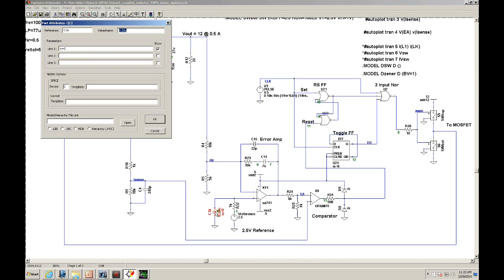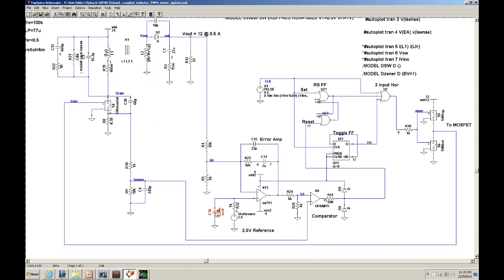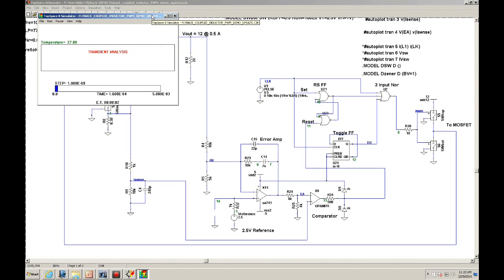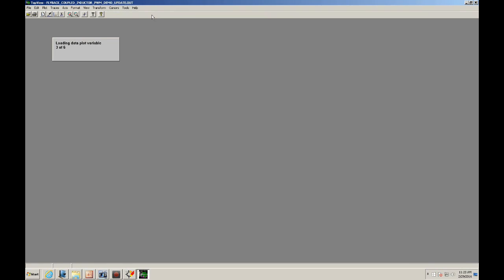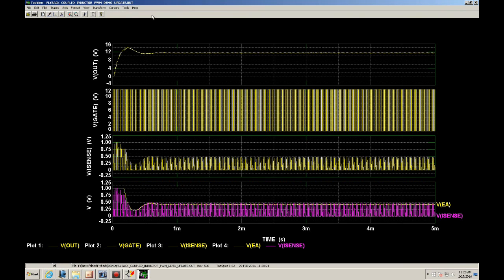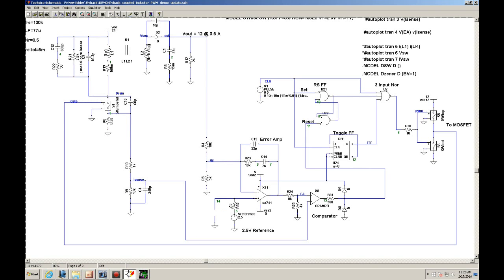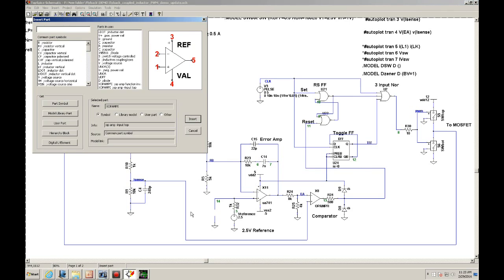Let me go ahead and basically, let's remove that cap. See what happens if we allow that voltage to come up straight very fast. It should have an overshoot. Let's see if it does. See, it's got an overshoot. Okay, so this would be part of your self-start circuit.